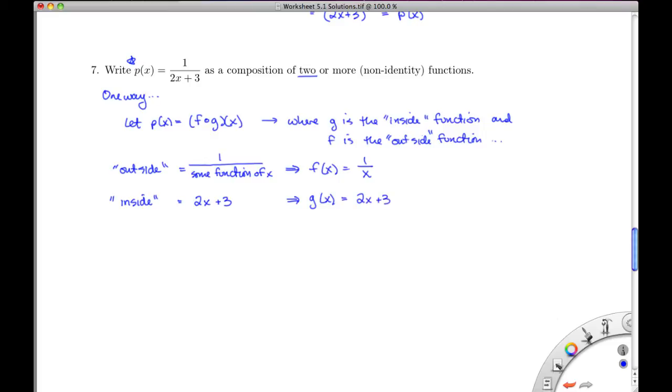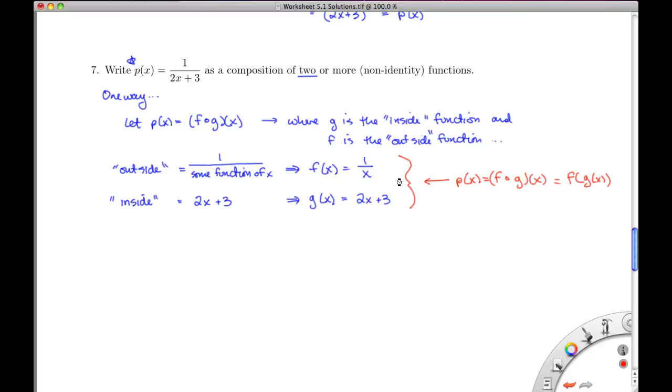And again, what we notice here is if we took these two and said the composition p of x is equal to f composed with g of x, which is the same thing as f of g of x, we'd be taking the function g and plugging it into f. So we take g, which is 2x plus 3, plug it into f to get 1 over 2x plus 3.